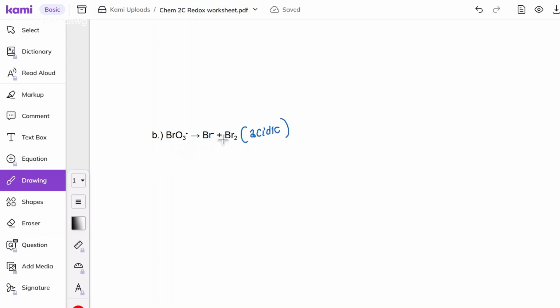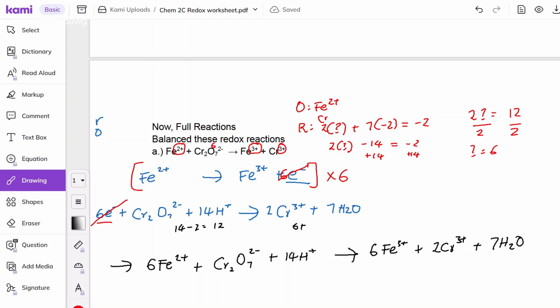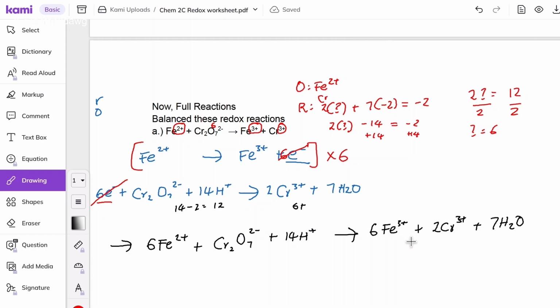So right here, although this is an acidic reaction, and this is the final answer of the acidic reaction, for a basic reaction, let's say this is basic, what we would do instead of stopping right here is that, before we get to this point, we would add 14 OHs to both sides, because we can't leave an H plus in a basic solution.